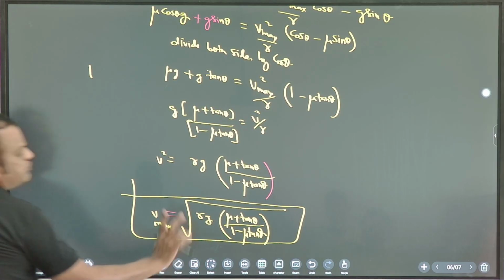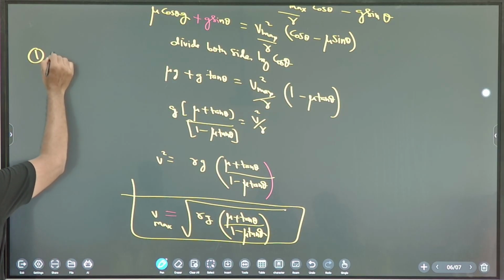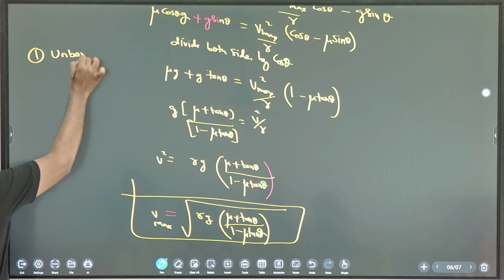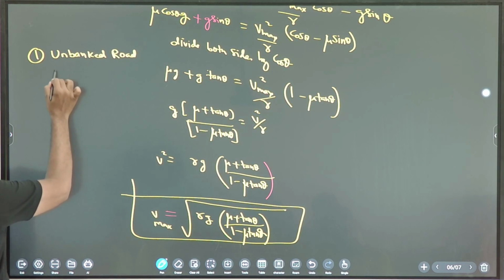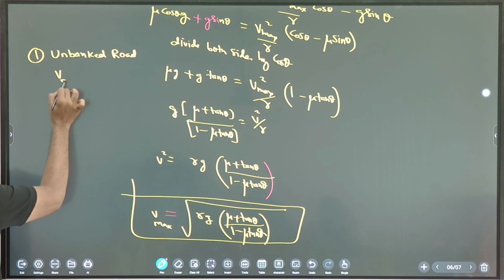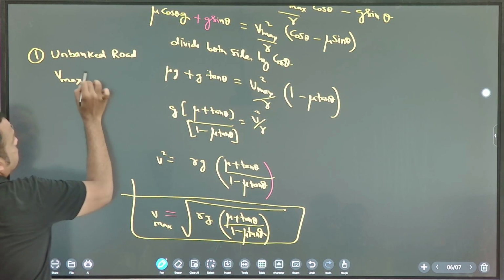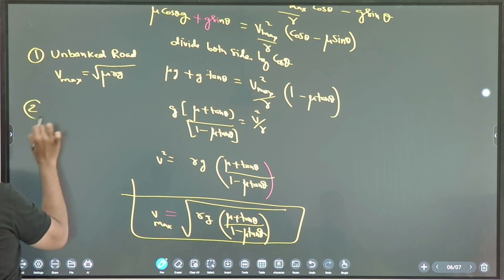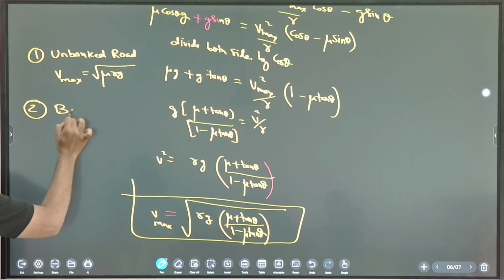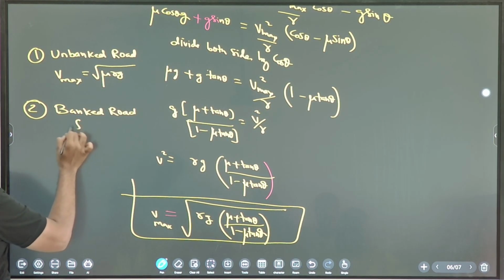So now you have three formulas. Unbanked road, what is the formula? Tell me, what is the maximum safe speed? Root of mu RG. Banked road without friction, friction 0.